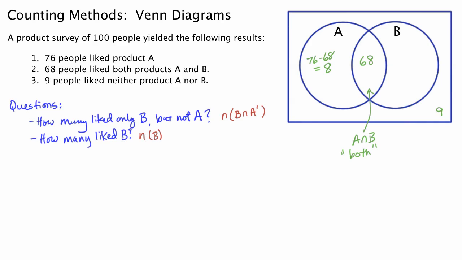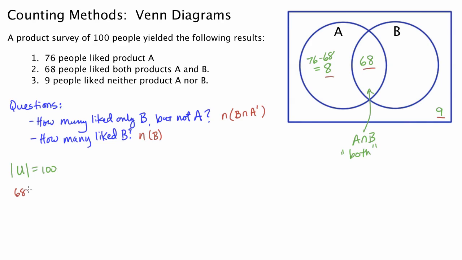If we take a step back at this point and see what we've done, there should be 100 things, so the size of U should be 100. Should be 100 things inside the rectangle when we're done. And we've accounted for how many so far? Well, if you look at it, we've accounted for 68, 8, and 9.